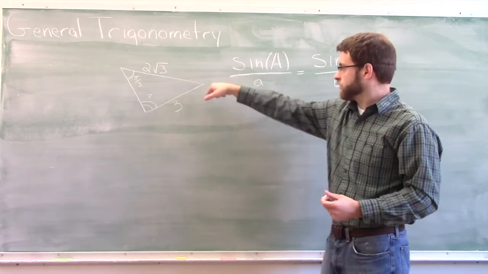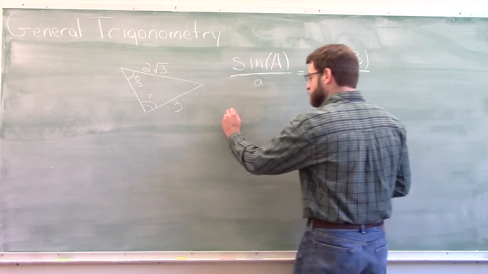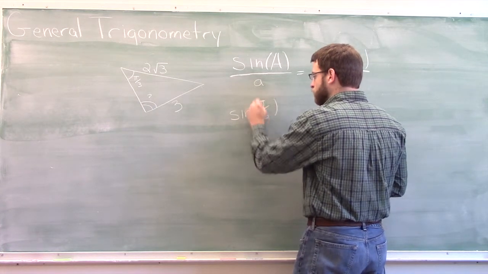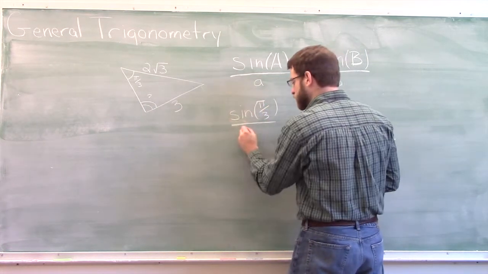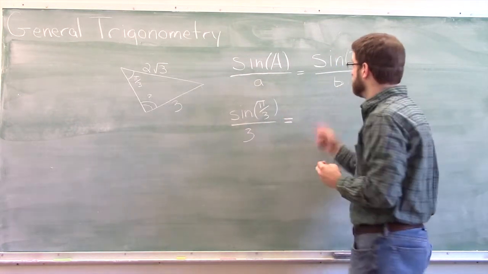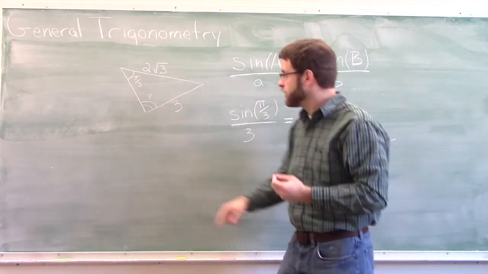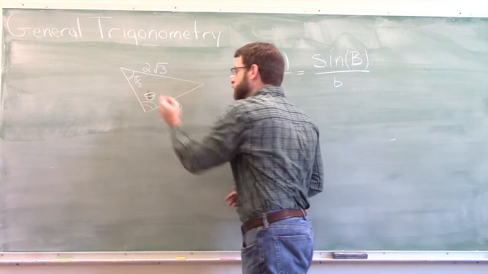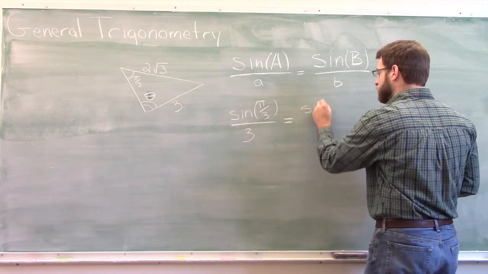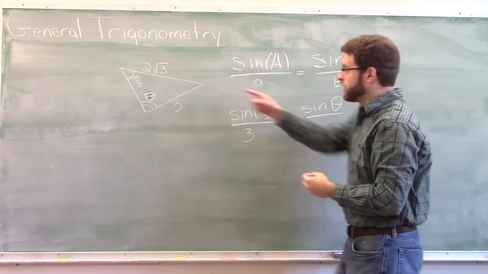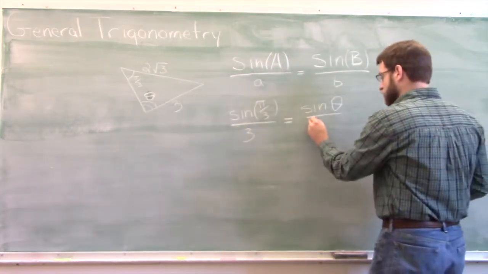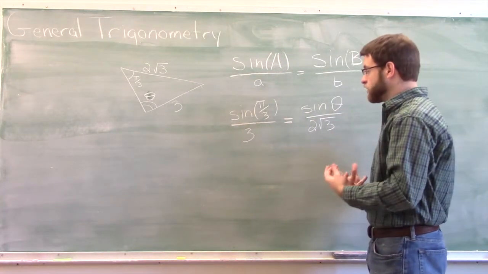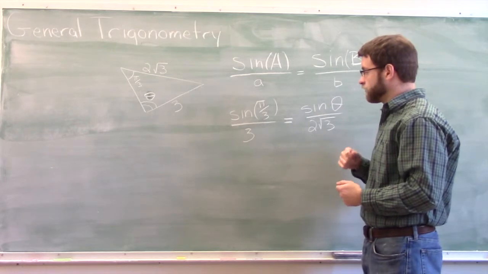So let's use the pair that we know to fill in the left side: the sine of the angle pi over 3 divided by this length, 3, is going to be equal to the sine of the angle that we're trying to find. Let's call it theta for the moment. So the sine of theta divided by its opposite side, which is 2 times the square root of 3. Once we've substituted all that information in, it just remains to solve for the value of theta.